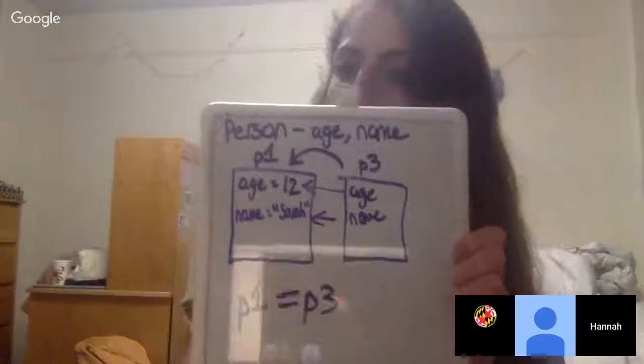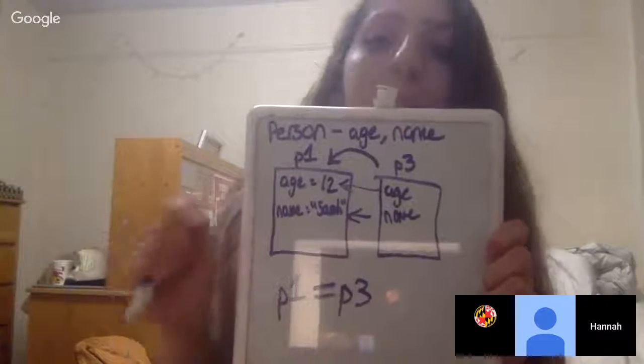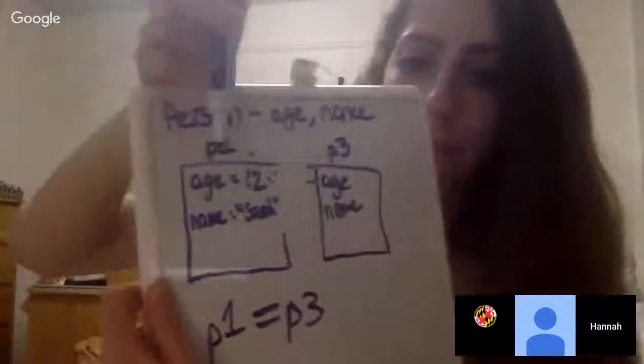So this is an issue because we want P3 to have all the same values as P1, but we don't want it to actually be the exact same reference. So you can fix this by using something called a copy constructor. And what a copy constructor does is instead of setting P3 to reference P1, it's just going to copy over all of the instance variables from P1.